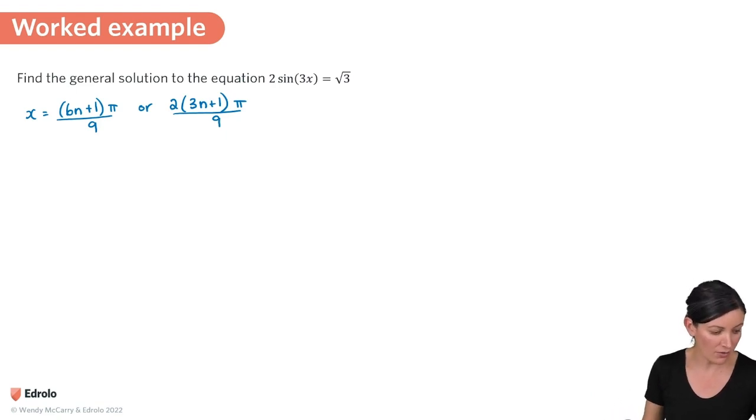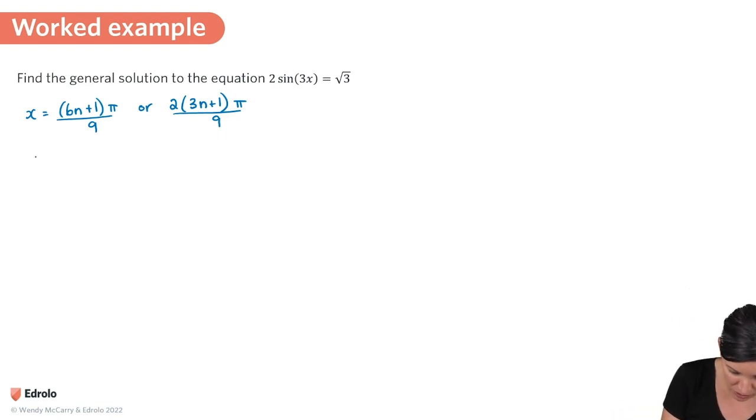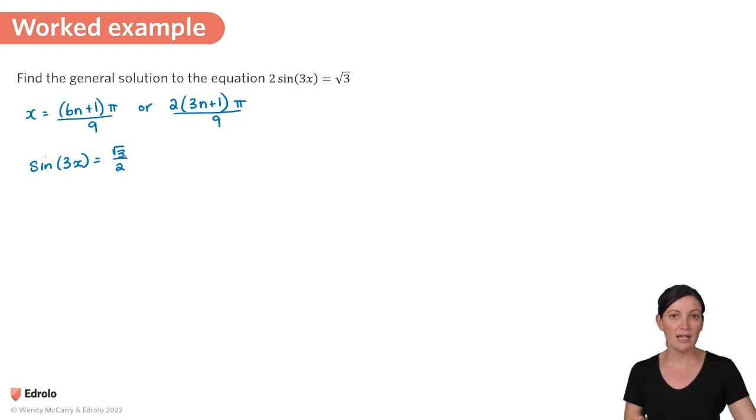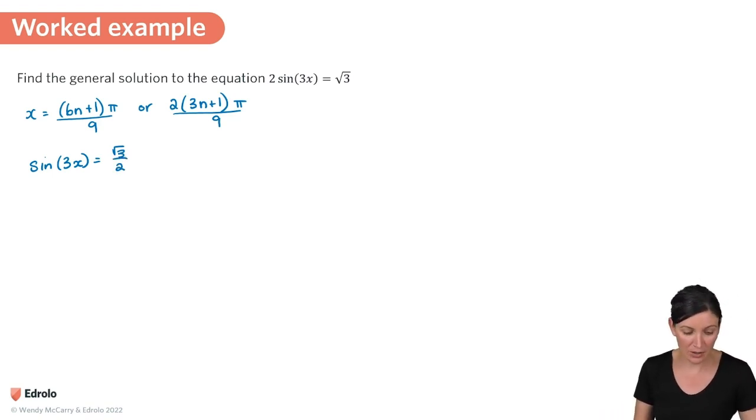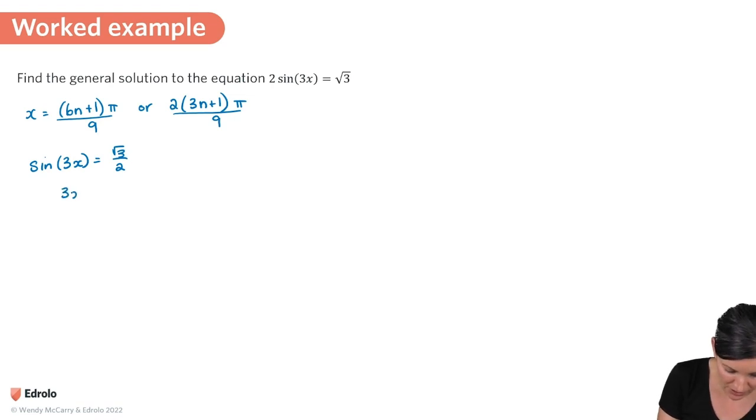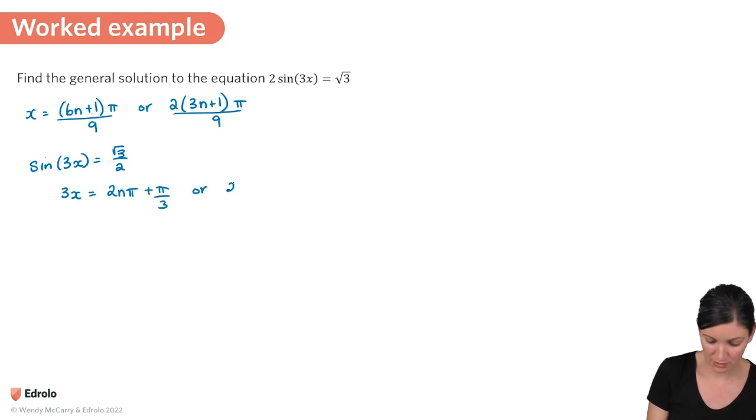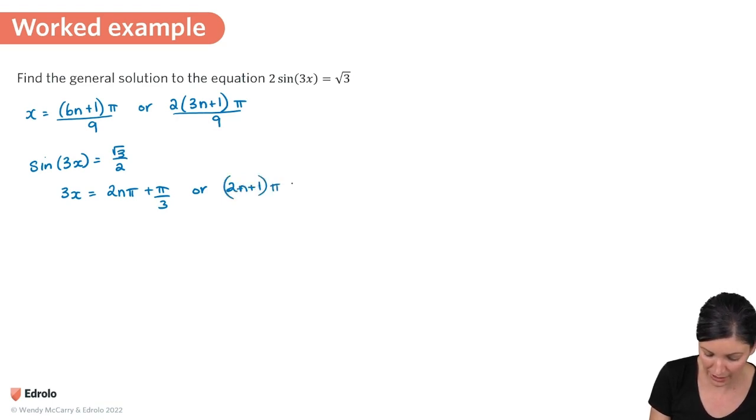So if I was just solving this by hand, I would rearrange this equation to get sine of 3x is equal to root 3 on 2. Okay, so my reference angle there is pi on 3. So what I'm getting here is 3x is equal to 2n pi plus pi on 3, or 2n plus 1 pi minus pi on 3.